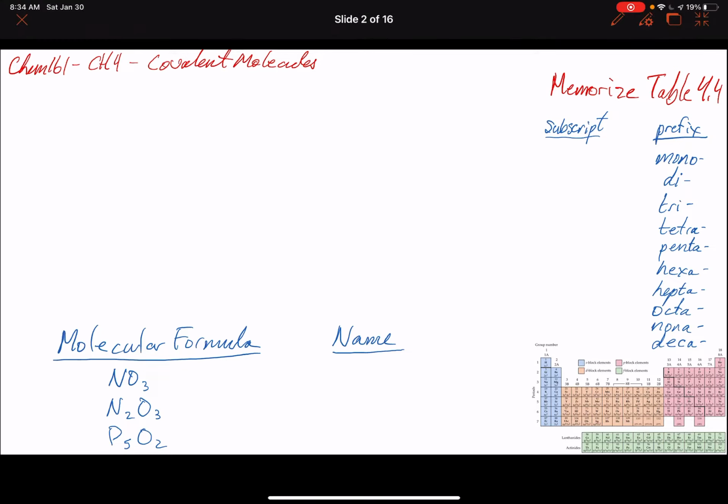So just as a quick comparison, in ionic compounds, we know that there is a charge that is different between the two materials that are coming together to make the structure.